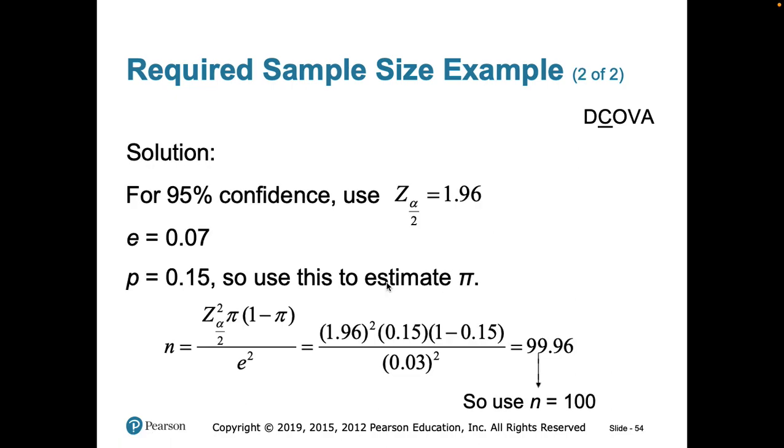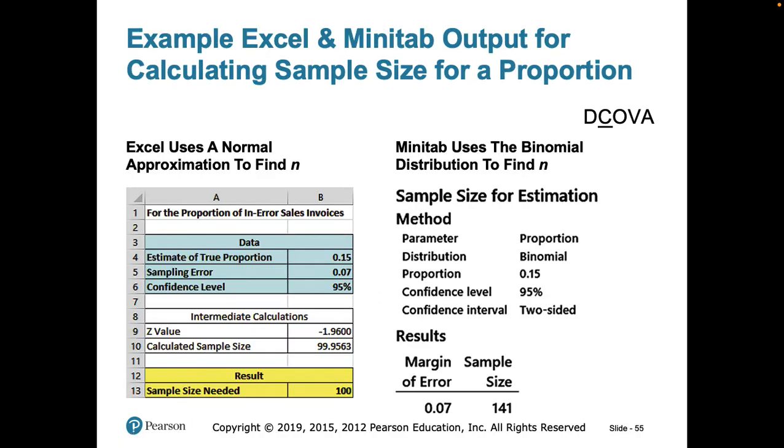And then all you have to do is substitute those values: 1.96 squared times 0.15 times 1 minus 0.15, divided by 0.07 squared, and then you get 99.96. In this case, you always round up, and that's how you get 100.